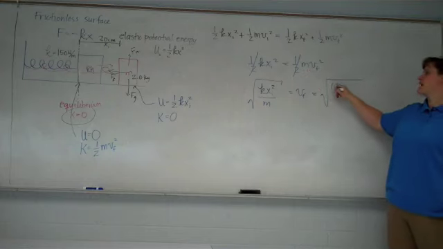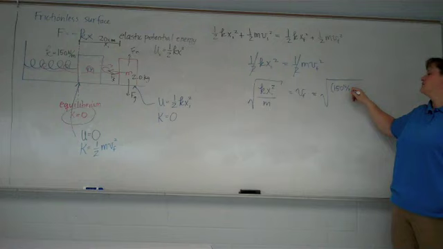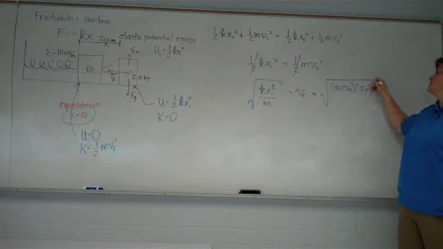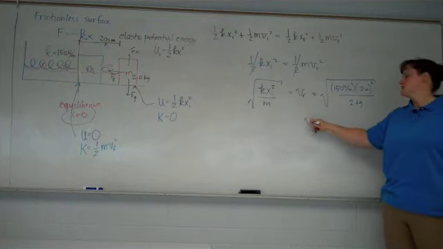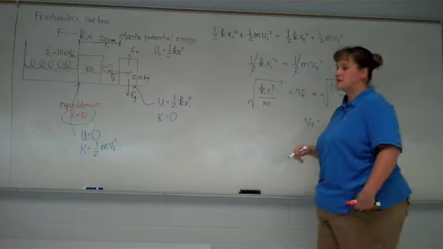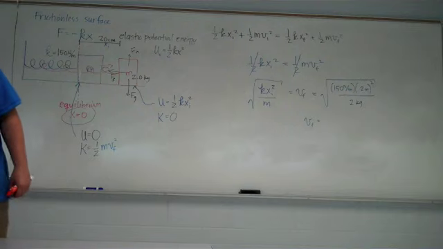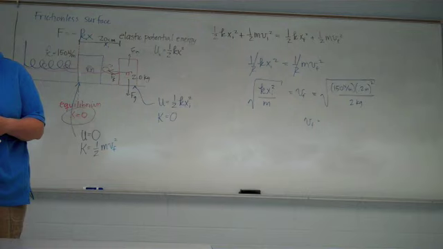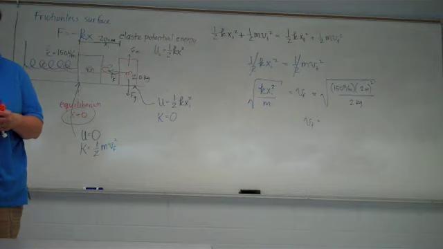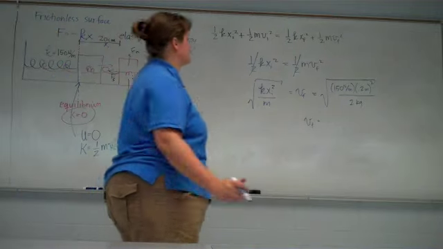In this problem, we said k was 150 newtons per meter. x is 20 centimeters, so 0.2 meters. Mass, 2 kilograms. So the speed of this block would be 1.7 meters per second.